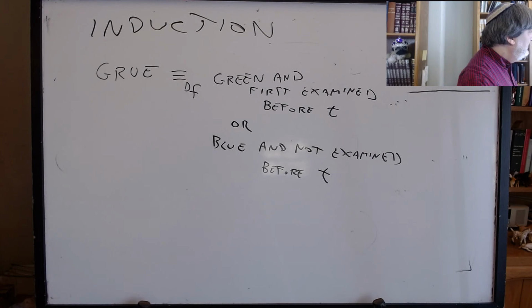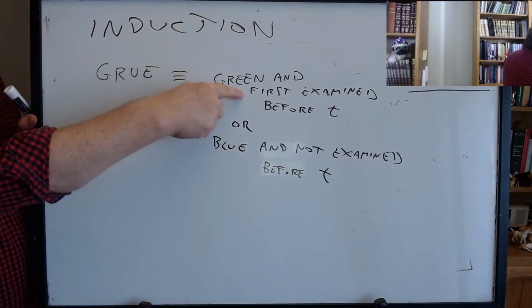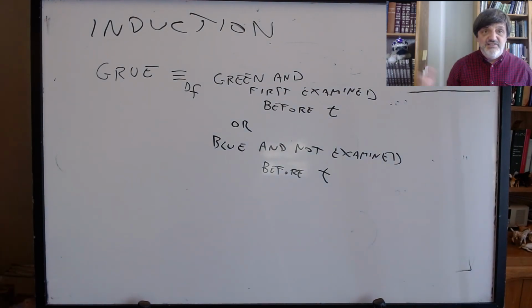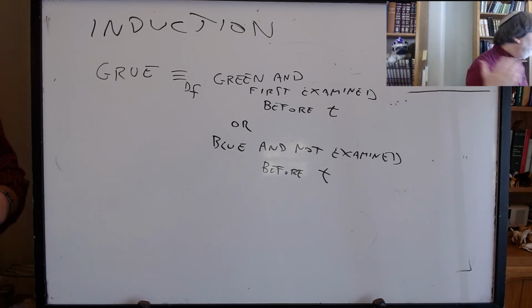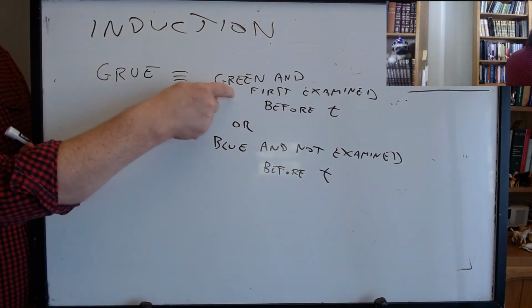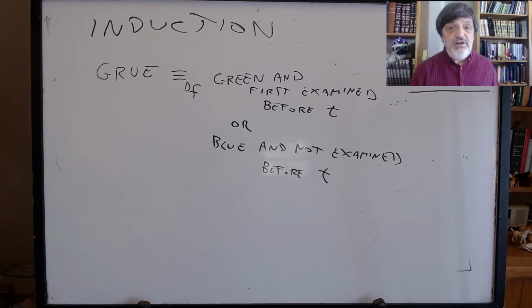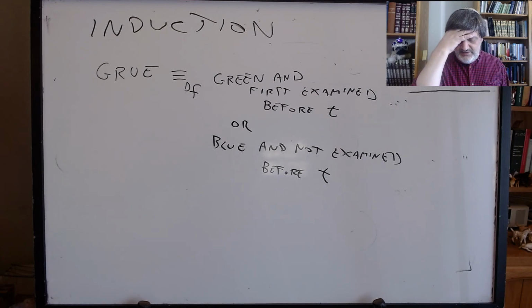So all the emeralds we examined were green, and all the emeralds we examined were first examined before T, because again, it's before T and we've already examined them. So therefore, all the emeralds that we've examined were GRU, according to this definition.